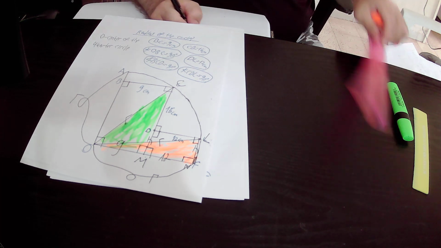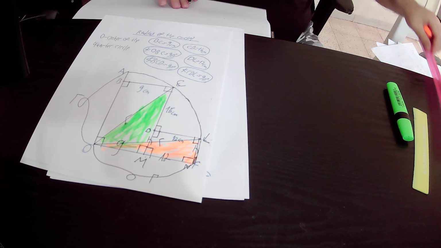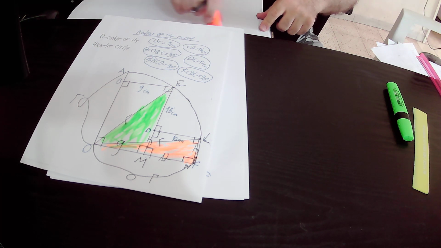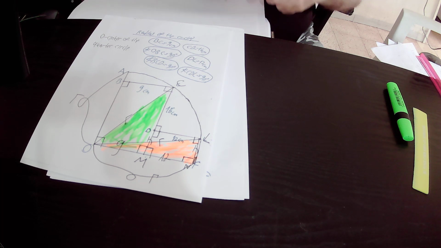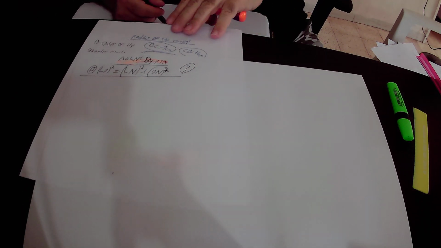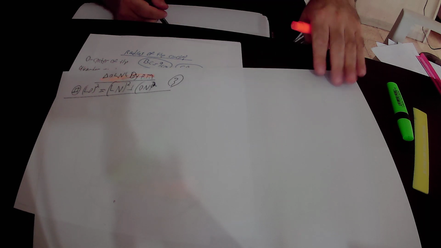I'll repeat again. In the right orange triangle, triangle LON, according to the Pythagoras theorem, LO squared equals LN squared plus ON squared.